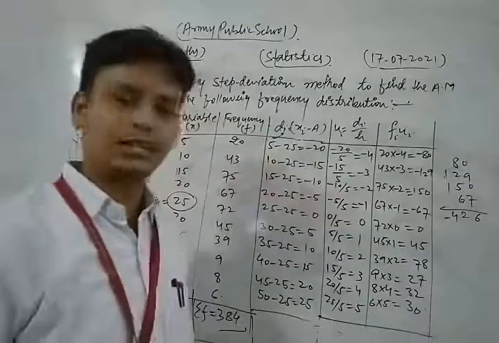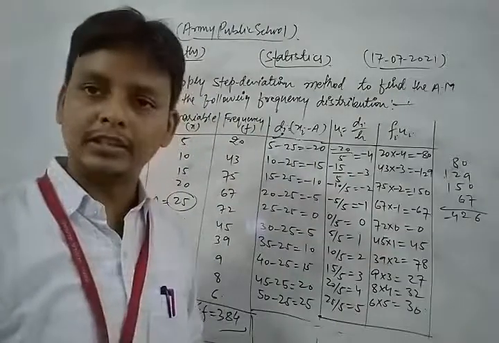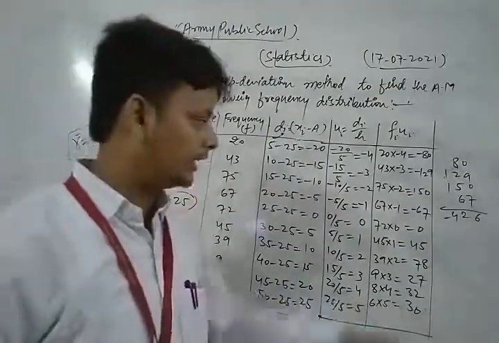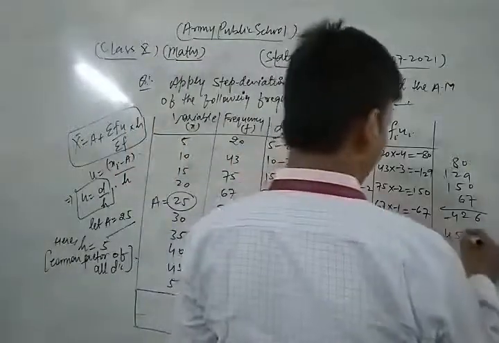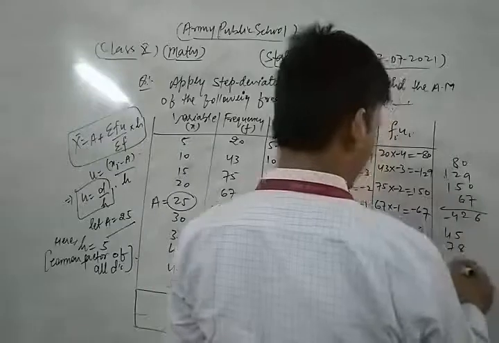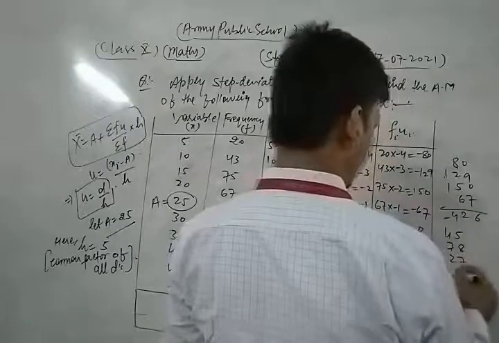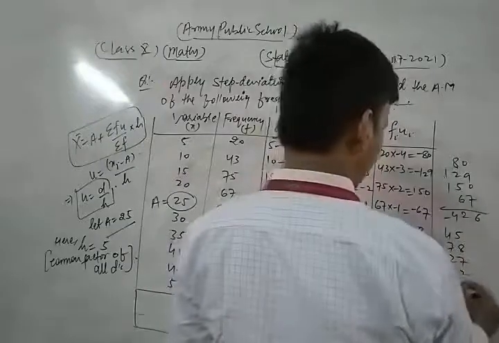So we get minus 426. Now we add all the positive terms, like 45, 78, 27, 32, and finally 30.